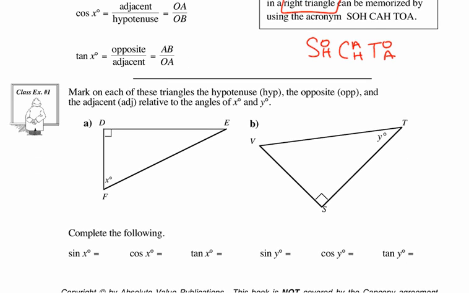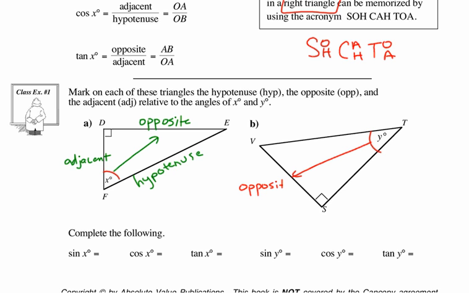So mark on each triangle the hypotenuse, the opposite, and the adjacent. So if this is my x, remember opposite the right angle is the hypotenuse. Opposite our angle is the opposite side. And then the adjacent side is the other one, between the 90 and your angle. So again, usually what I would start with is, given that first angle, mark the opposite first.